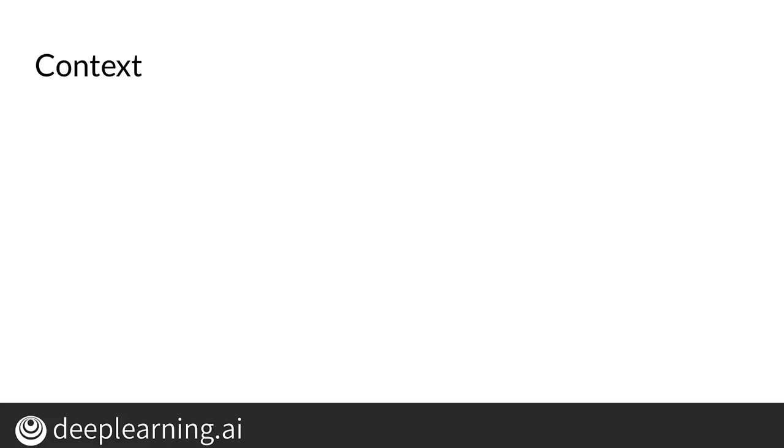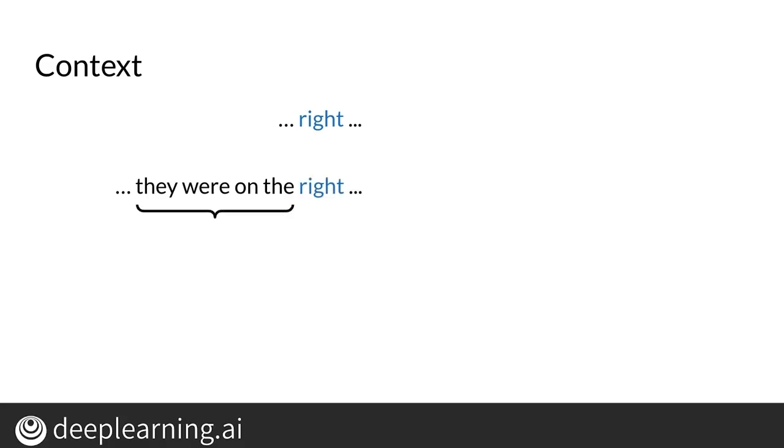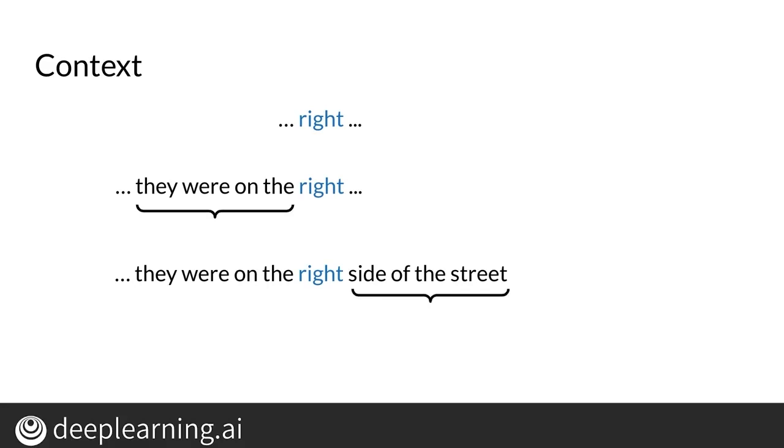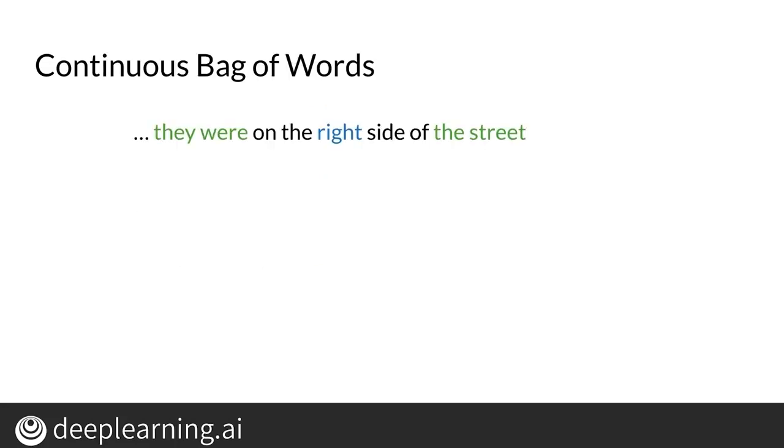So let's look at context over here. Let's say we have the word "right," and ideally we want to see what this word means. We can look at the context before it, and then we can also look at the context after it. And that's how we've been able to train word embeddings so far. For the continuous bag of words, over here you have the word "right."